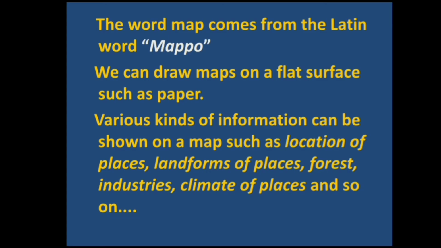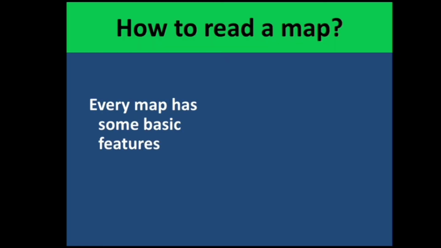The word map comes from the Latin word mappo, and on the map we can show various kinds of information like location of places, landforms, forest, industries, climate, agriculture, wildlife, whatever we want to show about a place. Now, how to read a map?